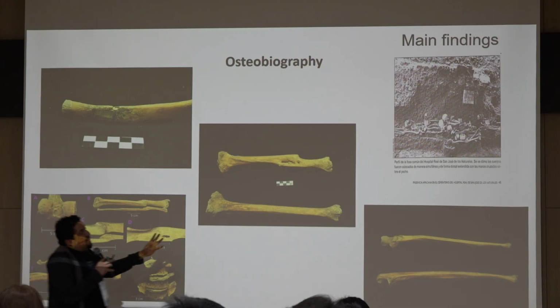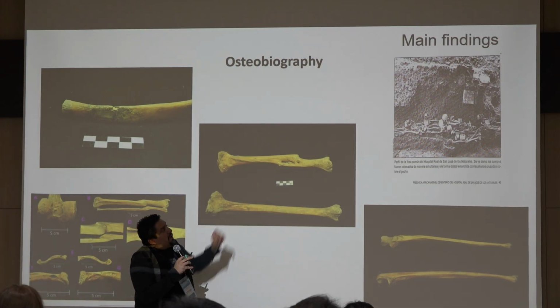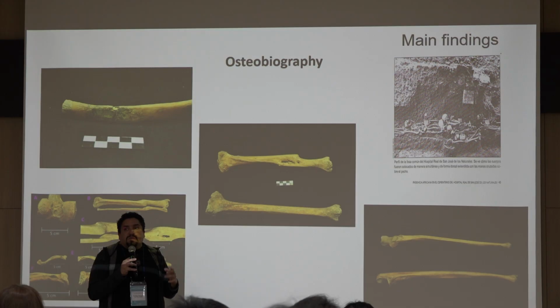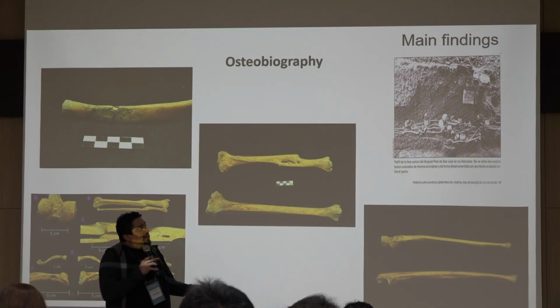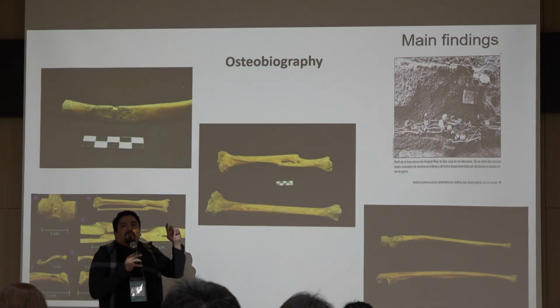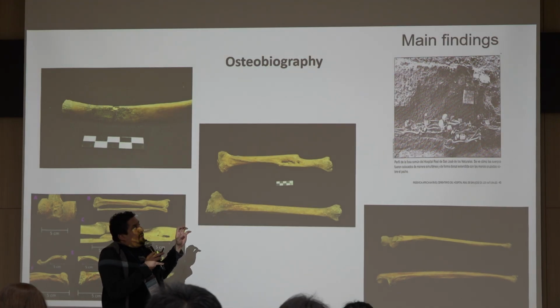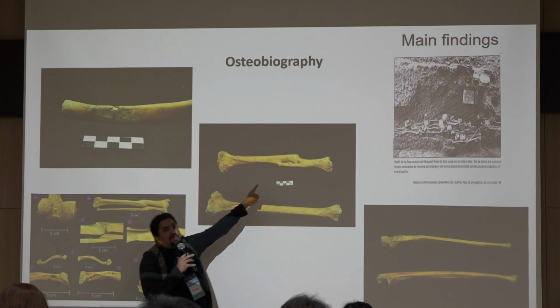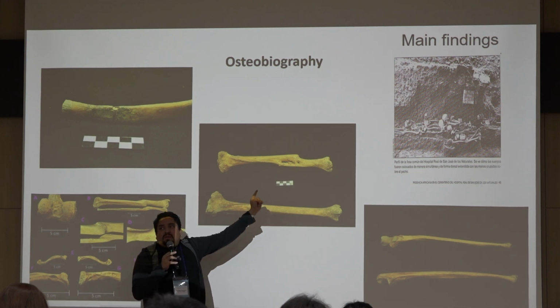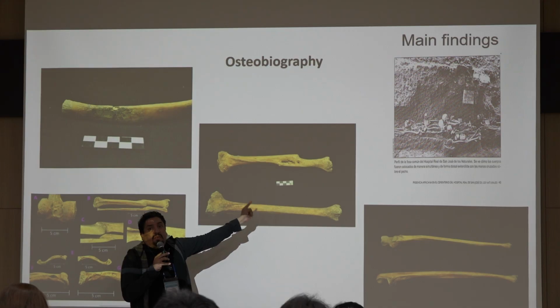We could see in another individual poorly consolidated fractures consistent with them being abused and then not taken care of. And you can see this, of course, created a lot of mechanical stress on this individual. But you can see, because this healed, that this is not the thing that killed him.